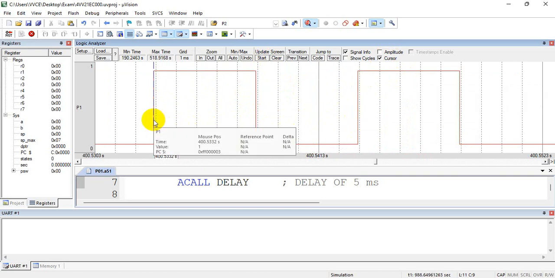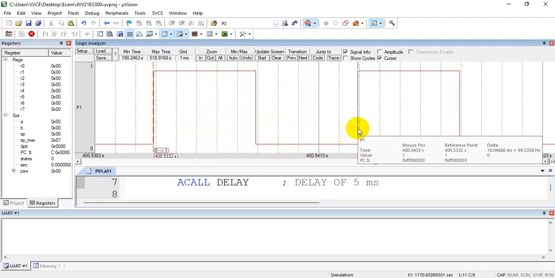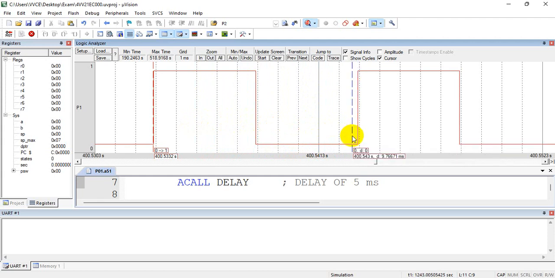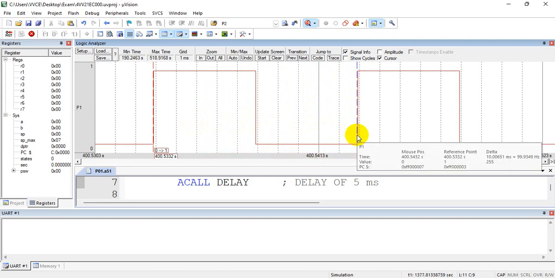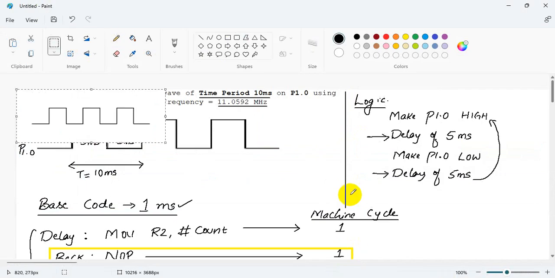I will click here and you just go on moving here. Now see here, it is displaying the time period. You can see here, adjacent to 400.5433, the delta. I will capture this and paste here.